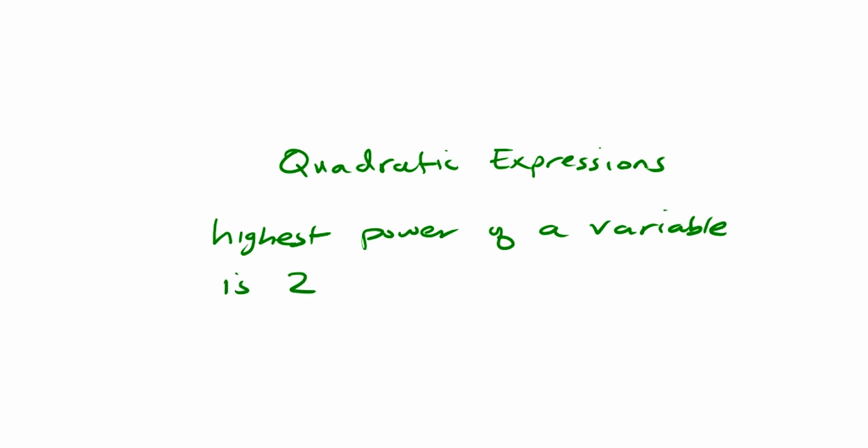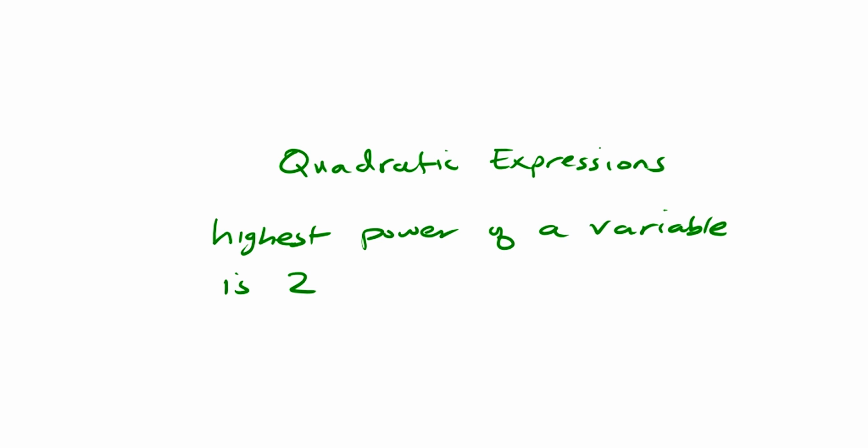Okay, but quadratic expressions go beyond this simple definition of where the highest power of a variable is 2, because you can have a very tricky expression that looks like a quadratic expression, but it doesn't satisfy all the criteria. And it will be very difficult to attempt to solve it as a quadratic expression.